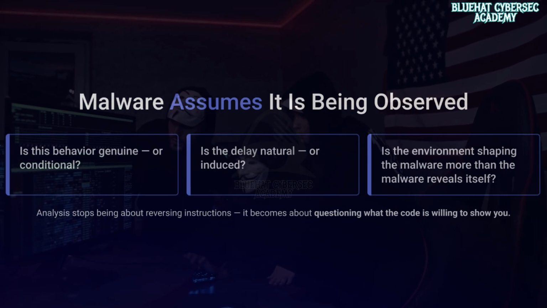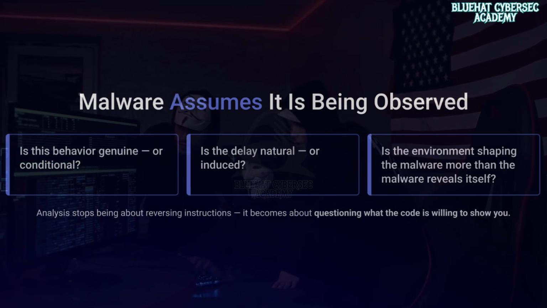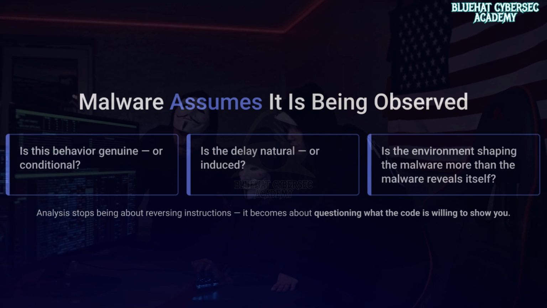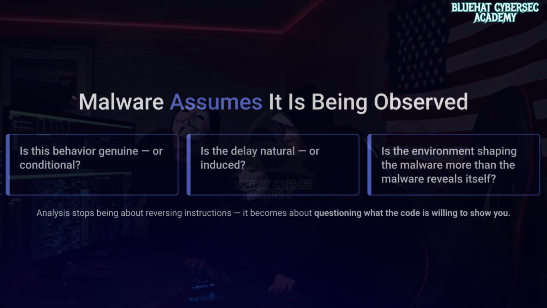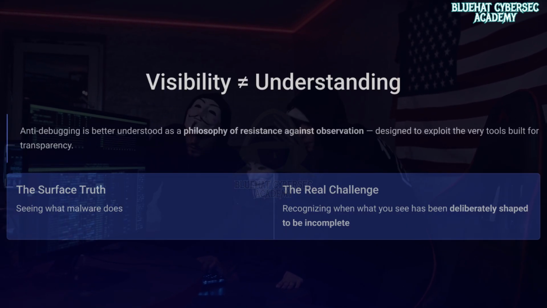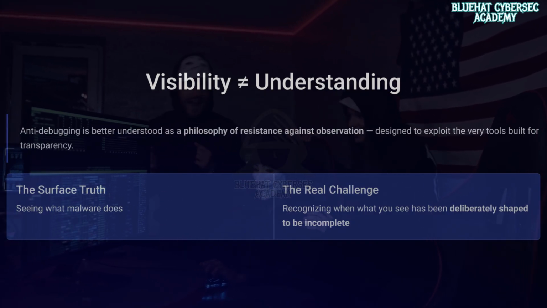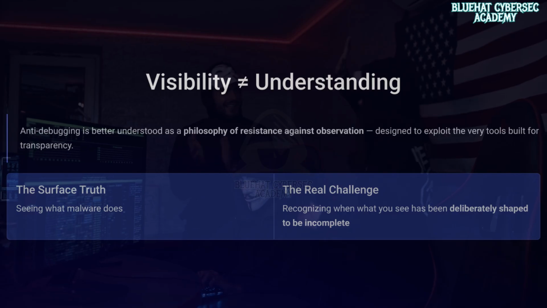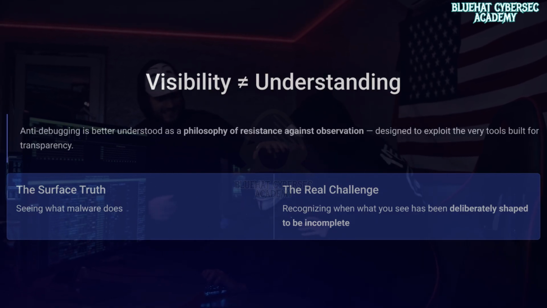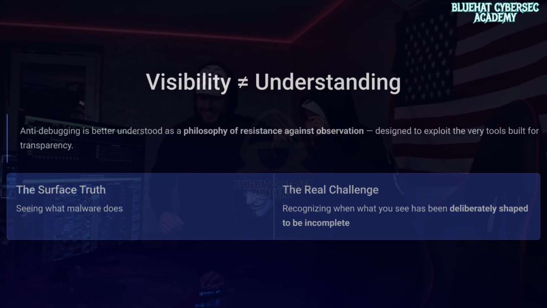At that point, malware analysis stops being just about reversing instructions. It becomes about questioning what the code is even willing to show you. And here's the closing thought to leave you with. Anti-debugging is often treated like a collection of tricks, but that framing misses the point entirely.